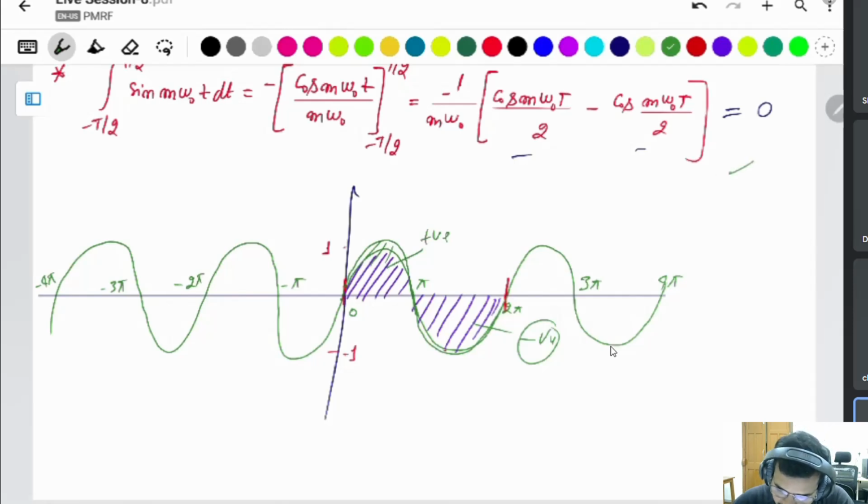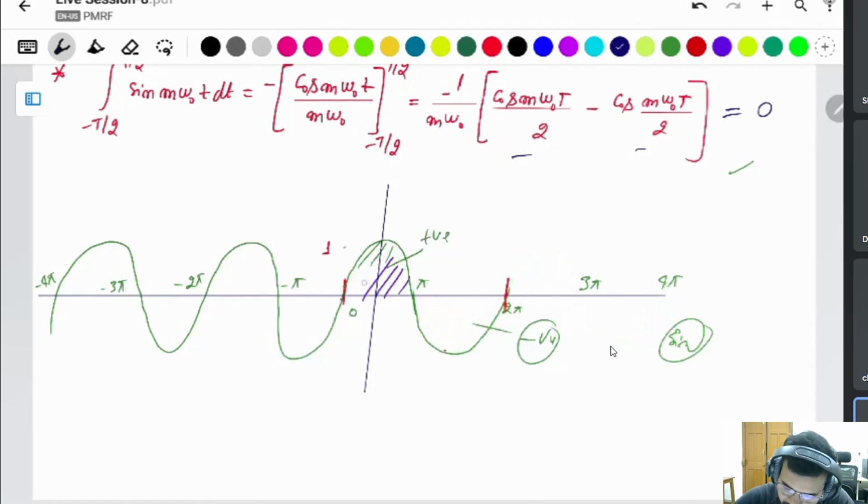Same thing if we talk about the cosine, which is also a sinusoidal signal. What happens with cosine? Cosine is simply this signal shifted from the midpoint. In this case the time period starts from here to here, so you can say this is minus T/2 and this is T/2, from minus T/2 to T/2.